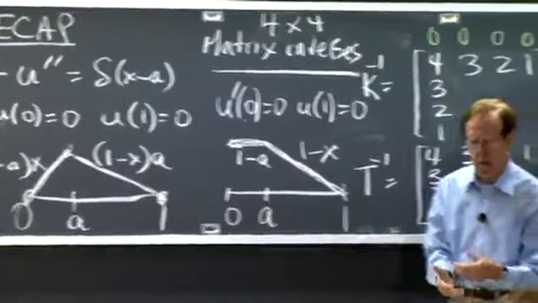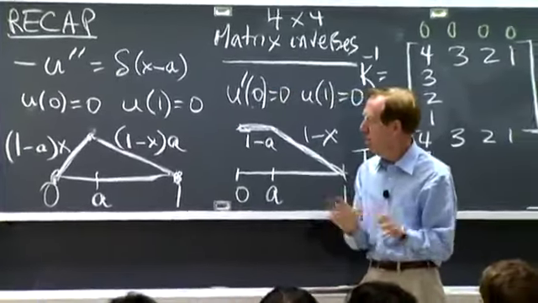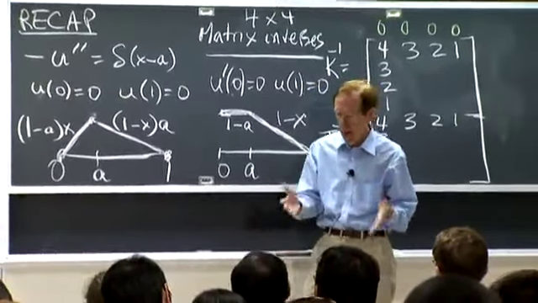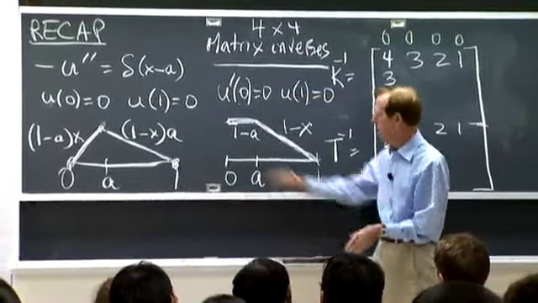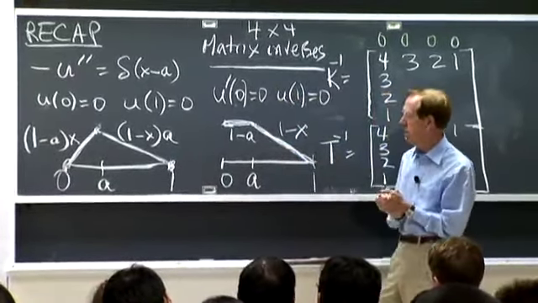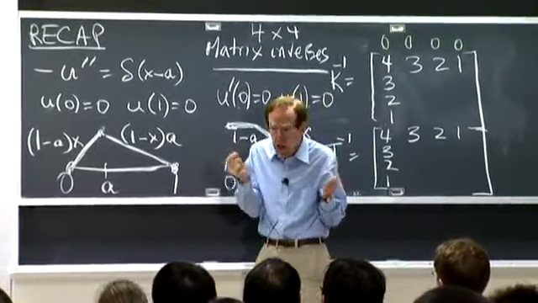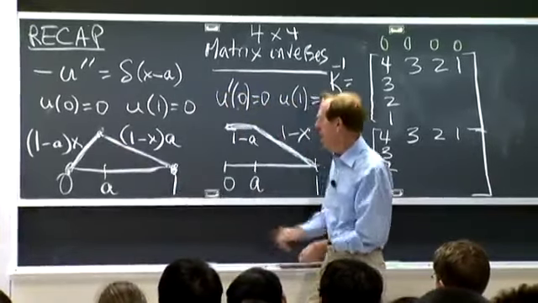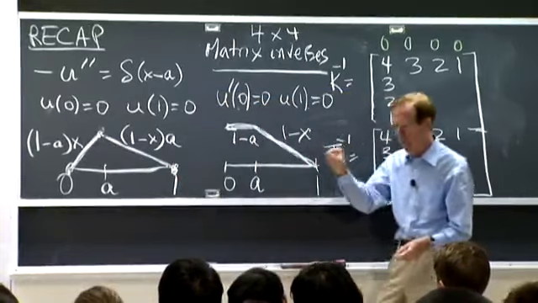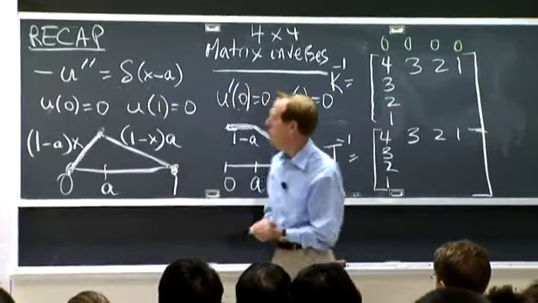There are different ways to get to this answer, but once you have it, you can look at it and ask, is it right? Certainly the boundary conditions are correct: zero slope, went through 0, that's good. And then the only thing you really have to check is, does the slope drop by 1 at the point of the impulse? Because that's what this is forcing us to do.